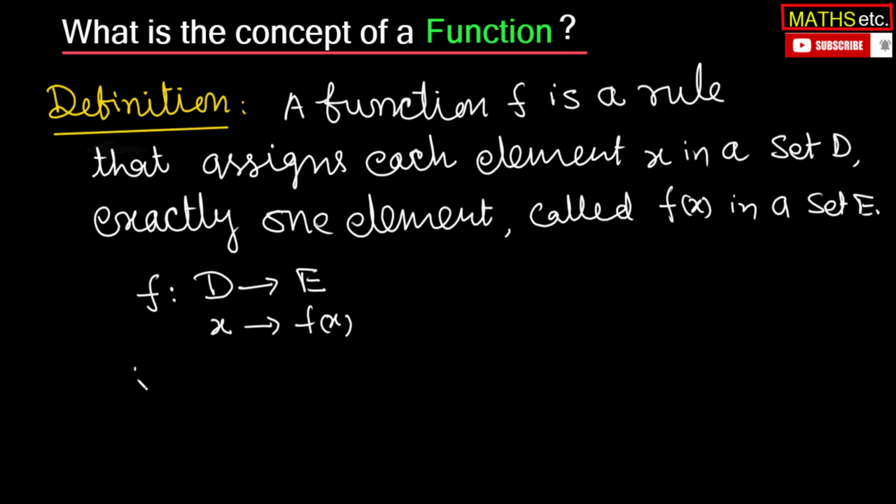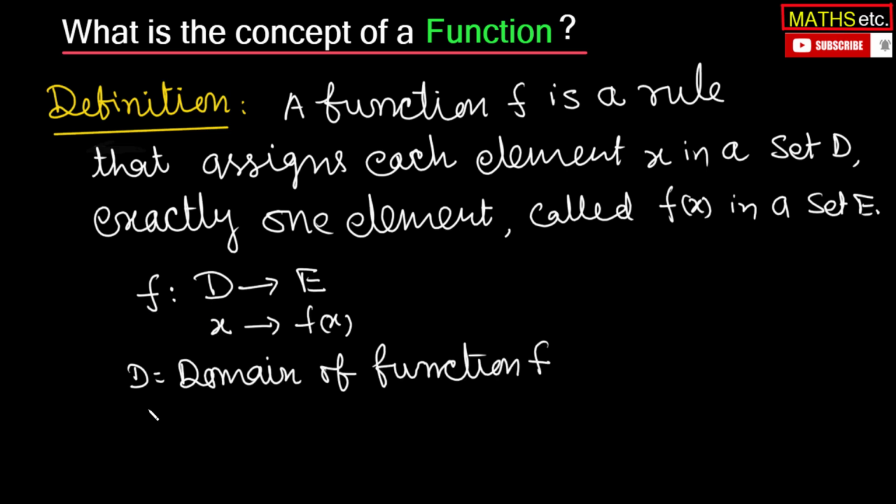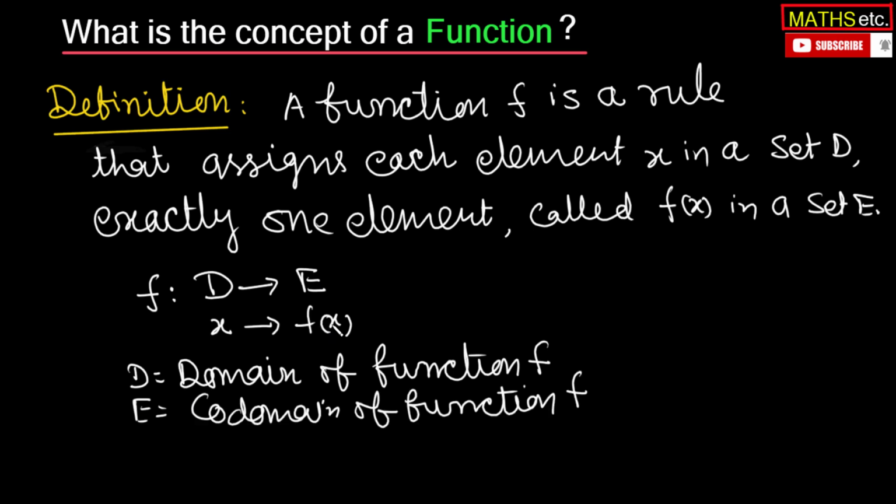Now this set D, that is the collection of all elements x, is called the domain of function f. This set E is called the codomain of function f. The collection of all these f(x) values is called the range of f. So what is the range of f?